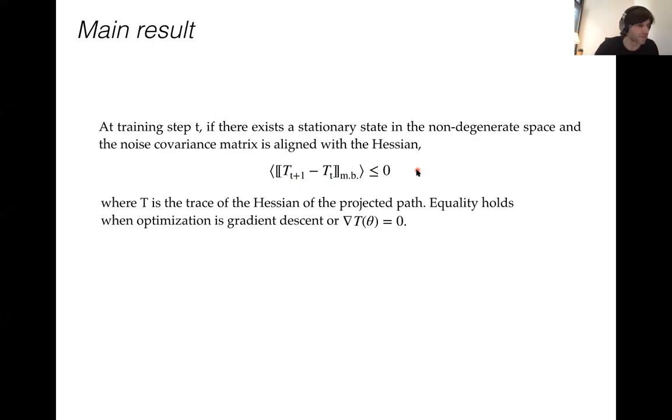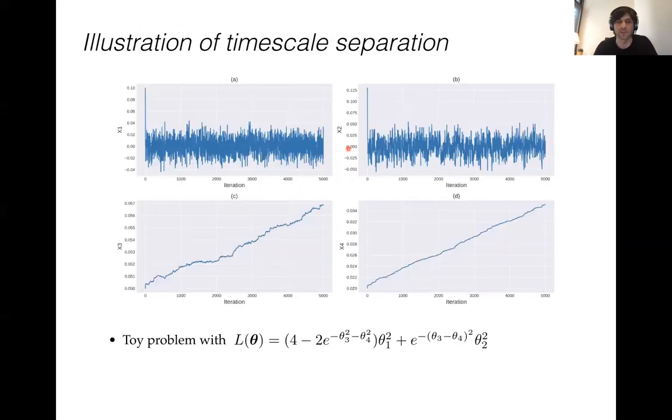And to illustrate what I mean by having a stationary state or a timescale separation, here's a toy example where you have 4 parameters. You have 2 with stiffnesses, and then the stiffnesses of those 2 are parameterized by these slack directions that don't have curvature themselves.